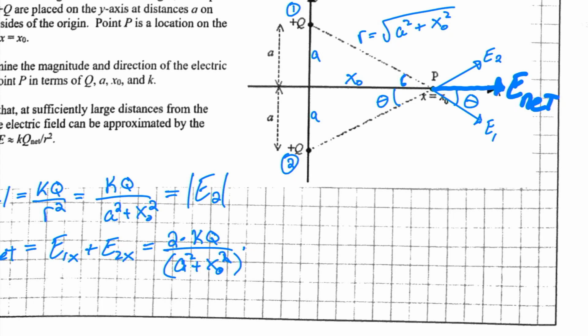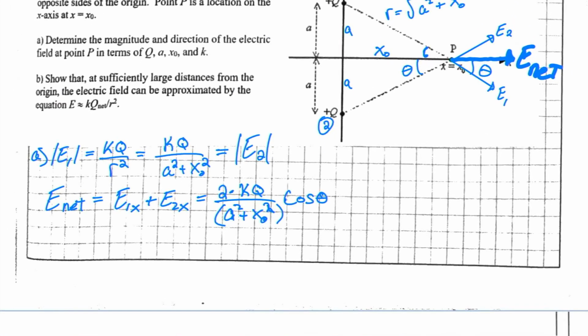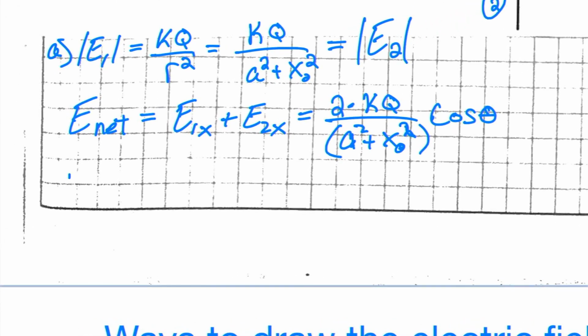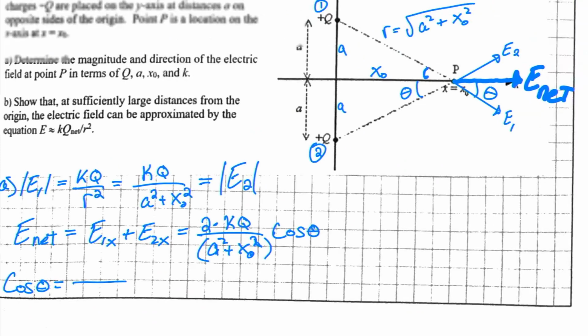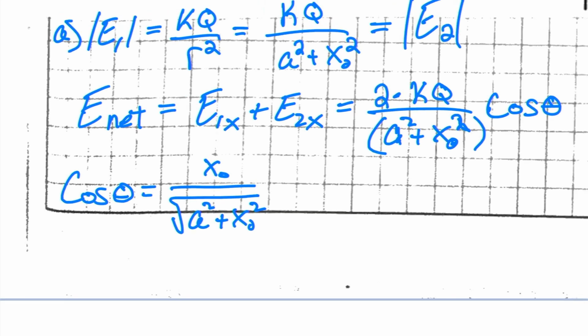If I just want the x component, I'm going to take cosine of theta. But we know that cosine of theta is adjacent over hypotenuse. And adjacent to this angle is x naught, and the hypotenuse was the square root of a squared plus x naught squared.